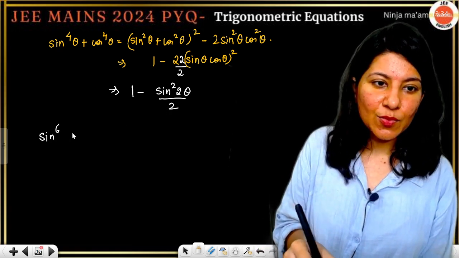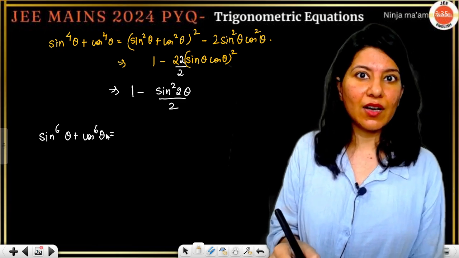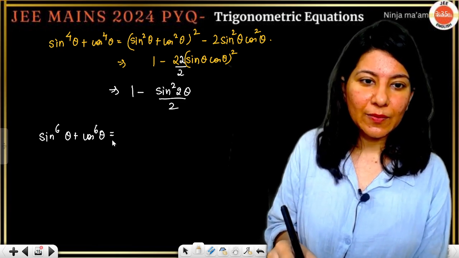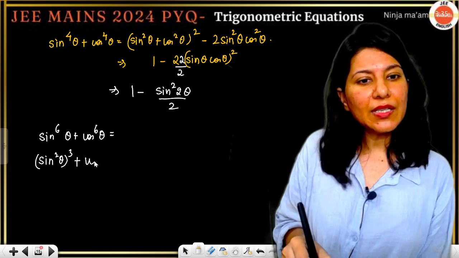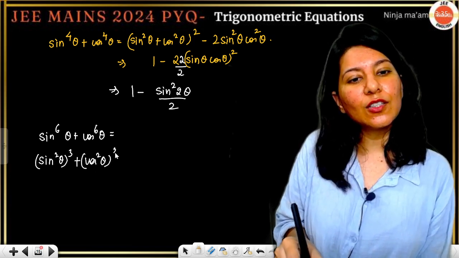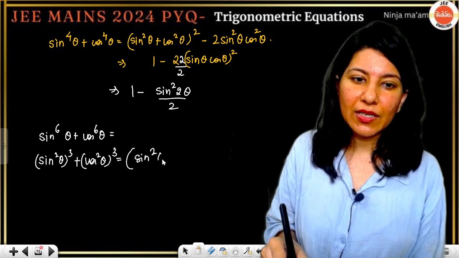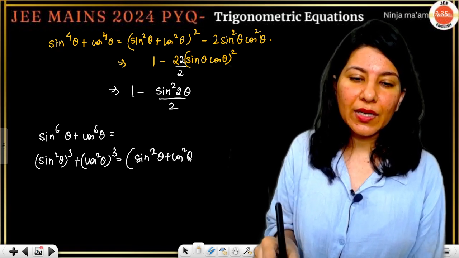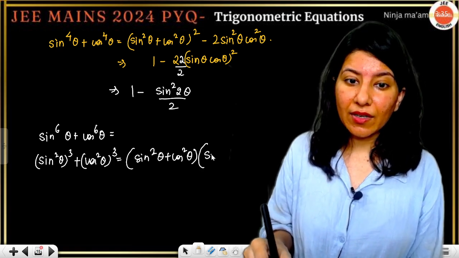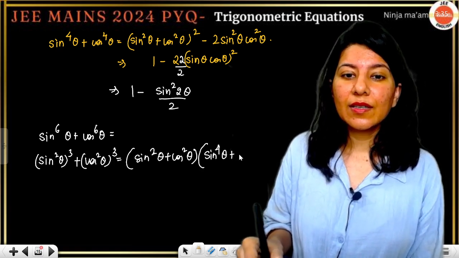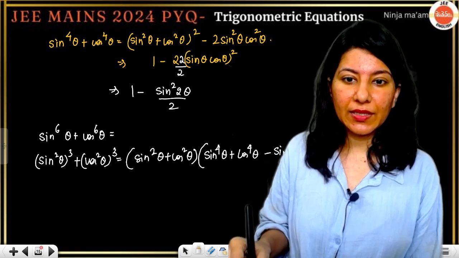Similarly, sine raised to power 6 theta plus cos raised to power 6 theta. This formula you have to remember. I'm just again trying to calculate. So this can be written down as sine square theta whole cube plus cos square theta whole cube, right? So this is going to be a plus b, sine square theta plus cos square theta, right? A plus b, a square, so that is this plus this minus sine square theta cos square theta.